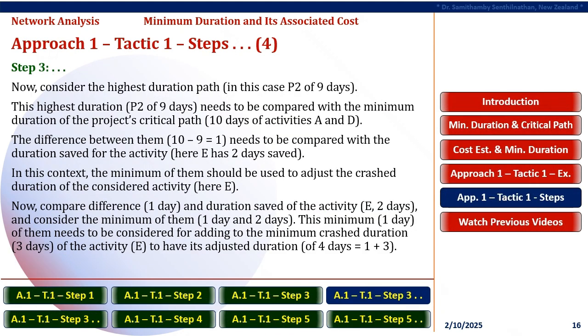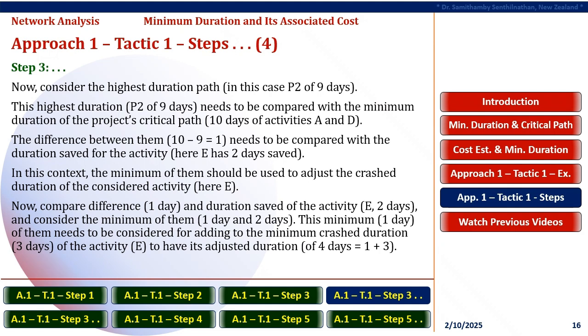Now, consider the highest duration path, in this case P2 of 9 days. This highest duration of path P2 with 9 days of completion duration needs to be compared with the minimum duration of the project's critical path, that is 10 days of activities A and D.